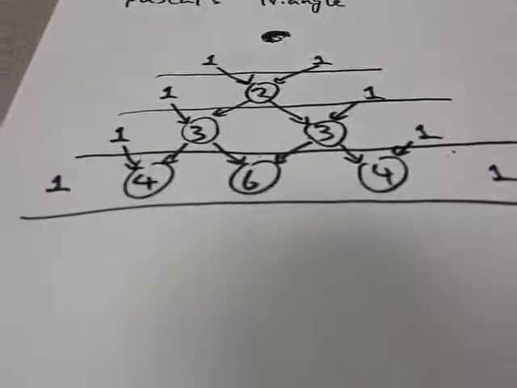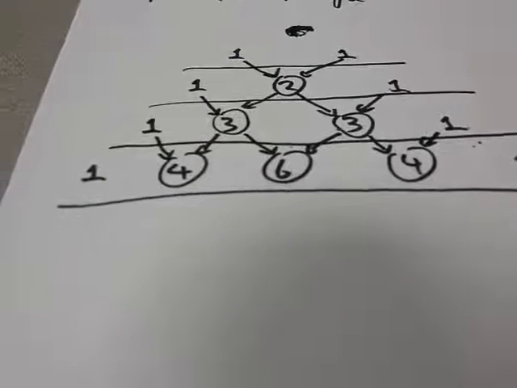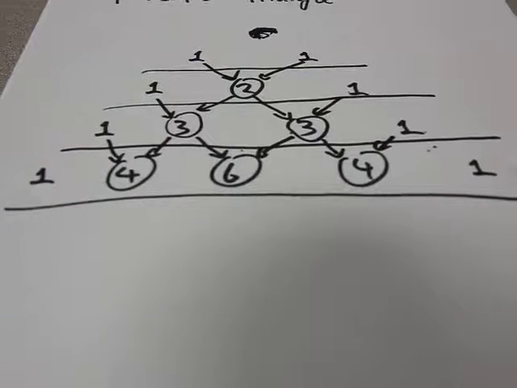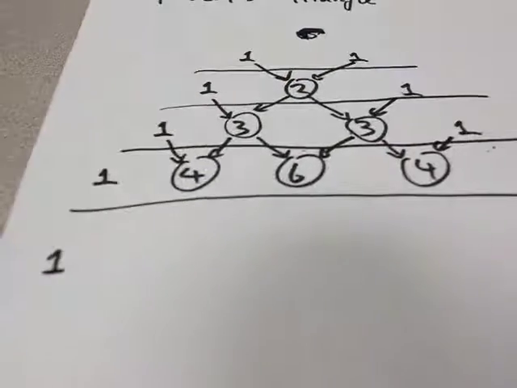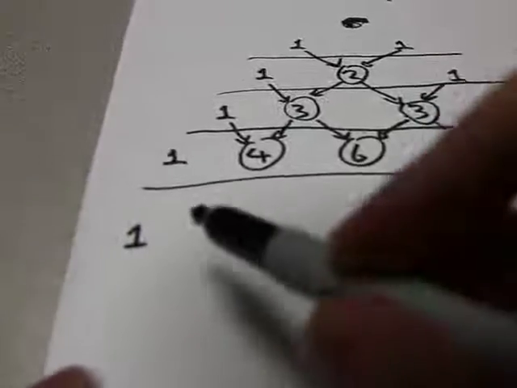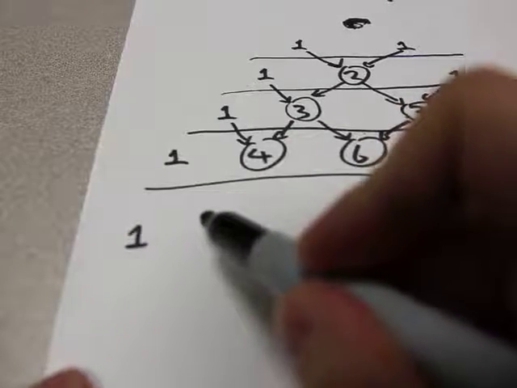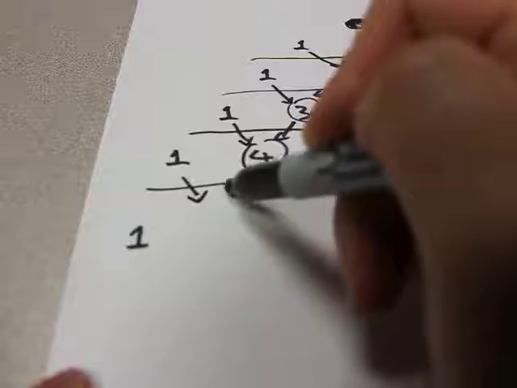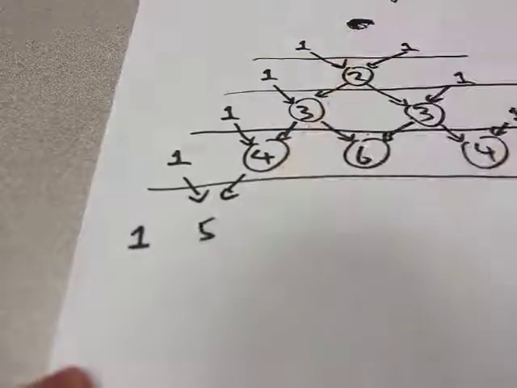So therefore, if I want to write the next row, I know there should be 6 numbers, and the first number and the last number are 1. So the second number is a sum of 1 and 4, which is 5.